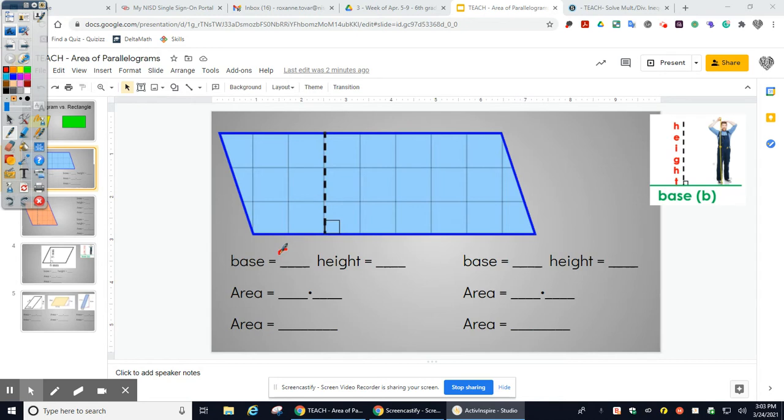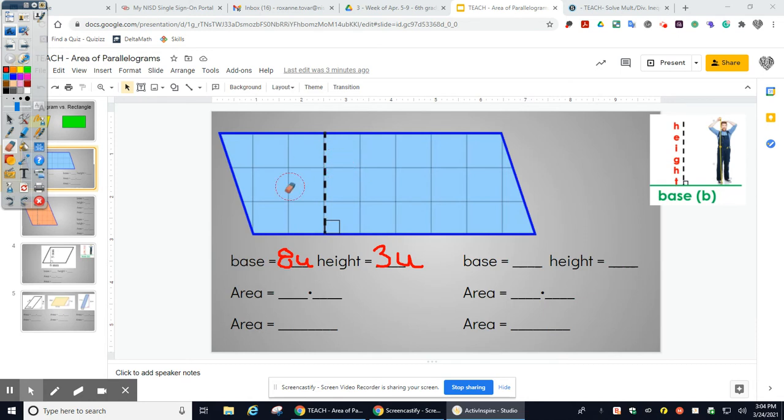And we'll put 8 units. So we'll put U for units. And the height, remember the height has to be straight up and down. Remember, you have to have that right angle if you're going to have a base and a height. Is just 1, 2, 3 units. Okay? So we went ahead and we found both the base and the height of this parallelogram.